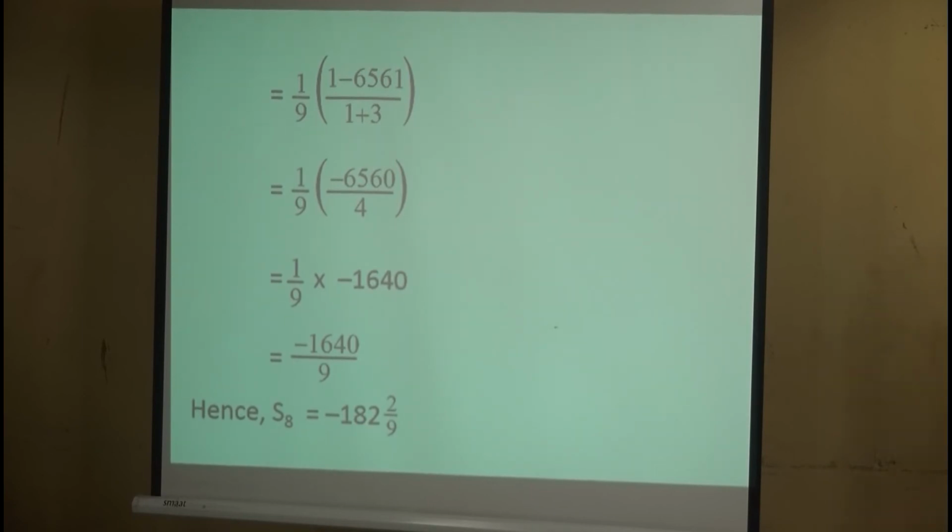Now 1 times minus 1,640 still gives us minus 1,640, all divided by 9. Hence, the sum of the first 8 terms of the geometric progression equals minus 182 whole number 2 over 9.